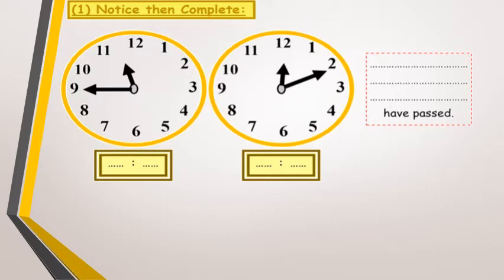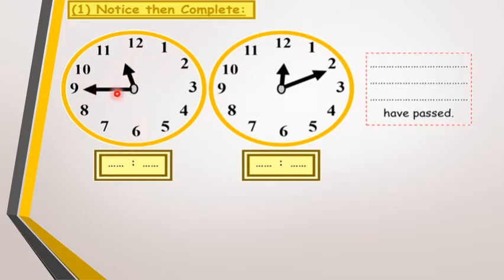Before we start, you should know that this is called the analog form for the time, and this is called the digital form for the time. The short arm is for hours and the long arm is for minutes. The numbers we have in the analog form are the numbers for hours. We have 12 hours AM and 12 PM.